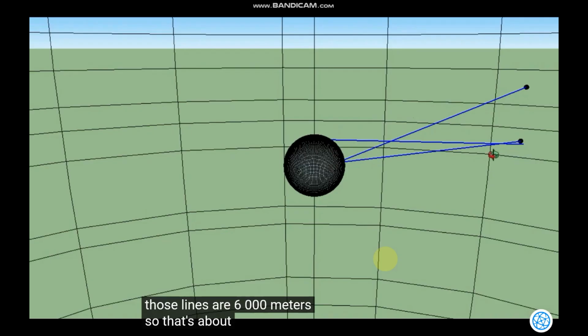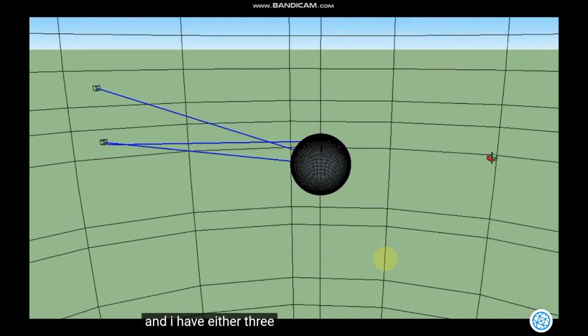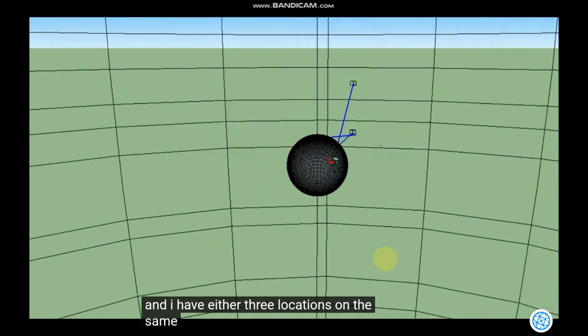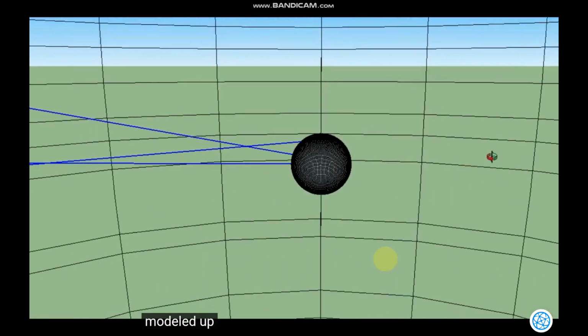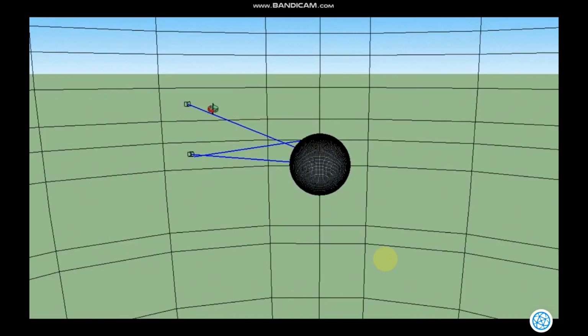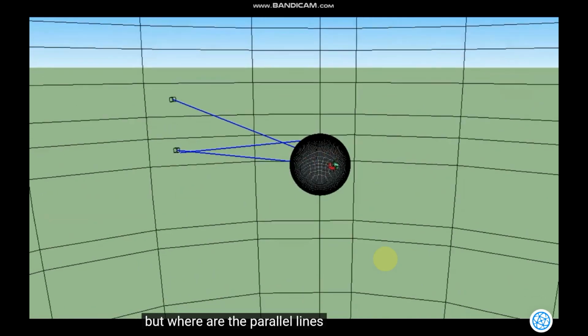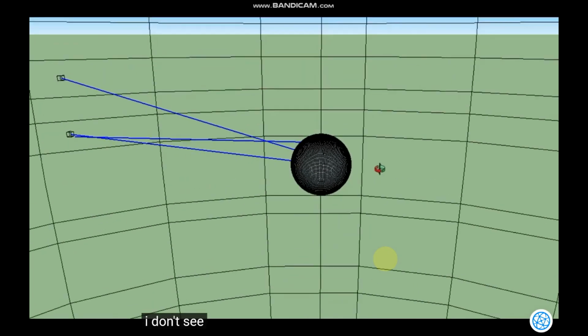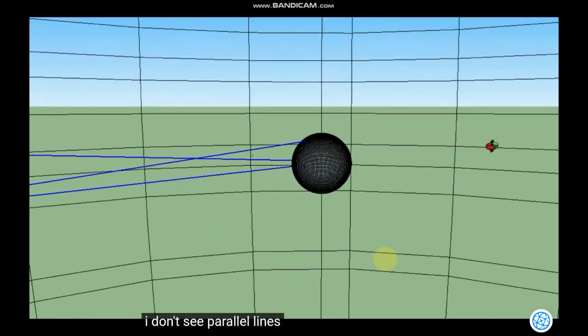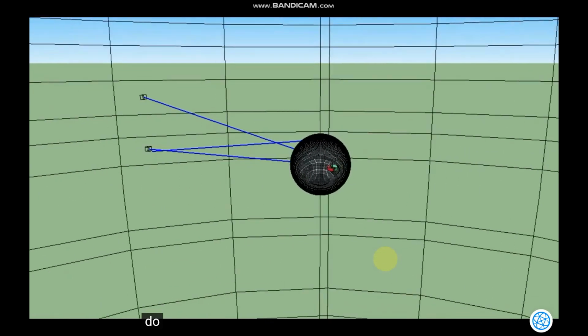So that's about 30 Earth diameters distance. And I have here 3 locations on the same moment modeled up. But where are the parallel lines? I don't see parallel lines. Do you?